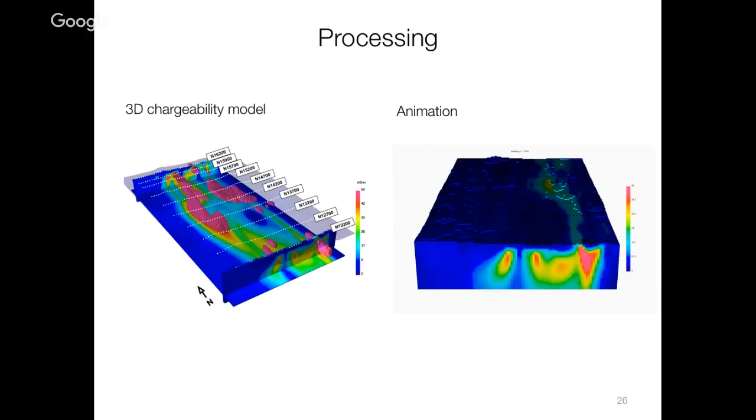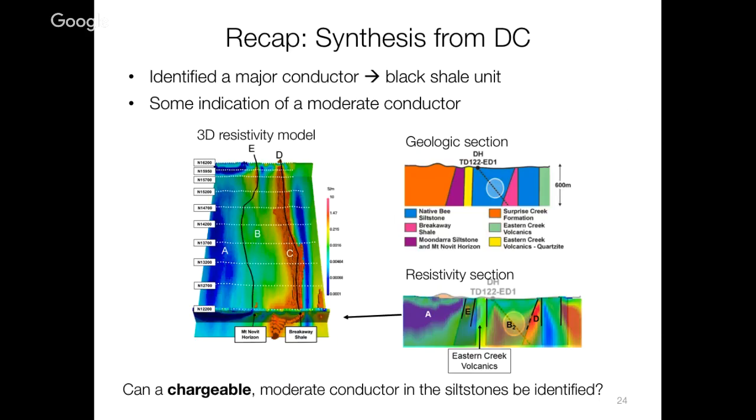And now what we're going to see is a 3D chargeability model. So in order to do that, we do the 3D DC resistivity problem, right? So now we get that 3D volume. We take that, we have to compute the sensitivities.